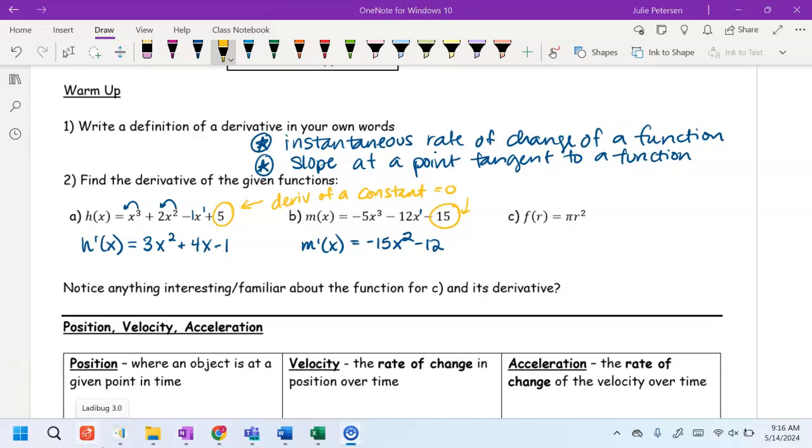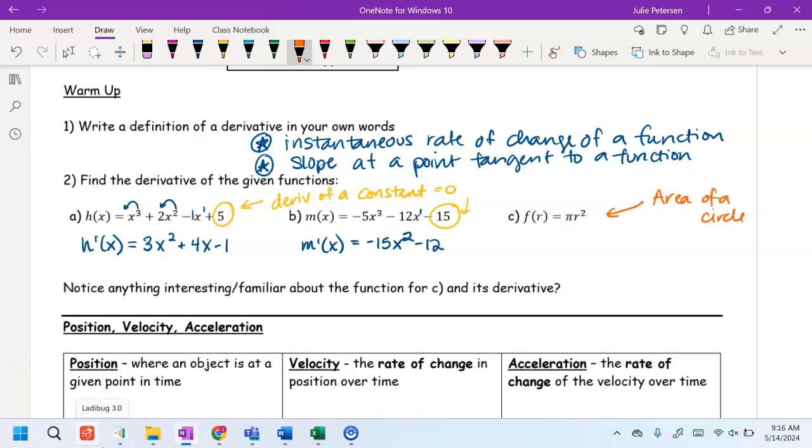Okay, so for this last one, instead of x's, we have r as our independent variable, our input. And so we have a familiar formula, pi r squared. Maybe you remember it, maybe you don't. But pi r squared is the formula for the area of a circle.